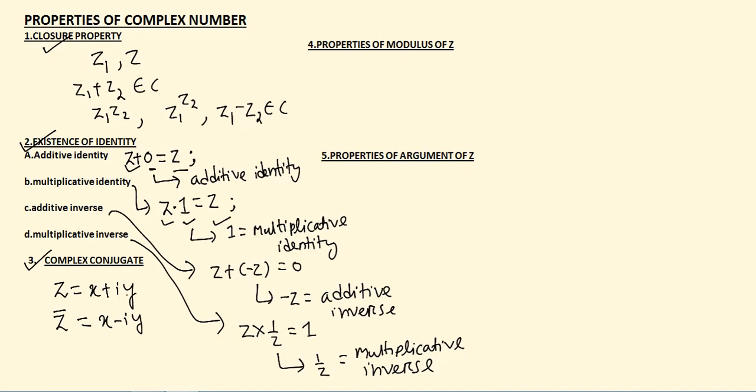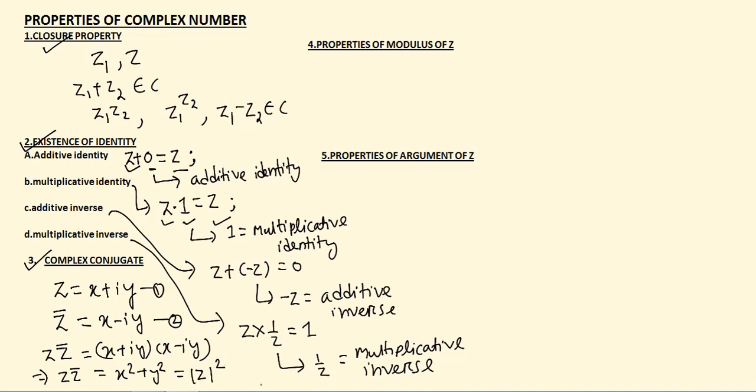So if we multiply these two, here we will have x plus iy whole into x minus iy. So this value is x square plus y square, and we know that this value is z mod whole square.